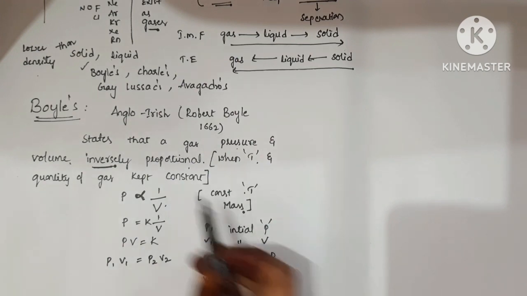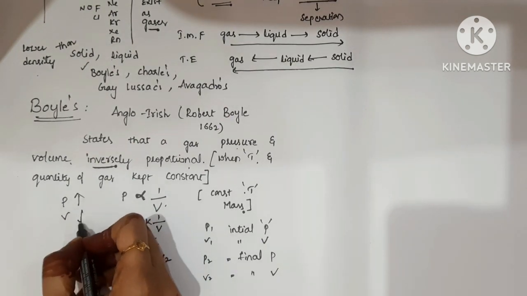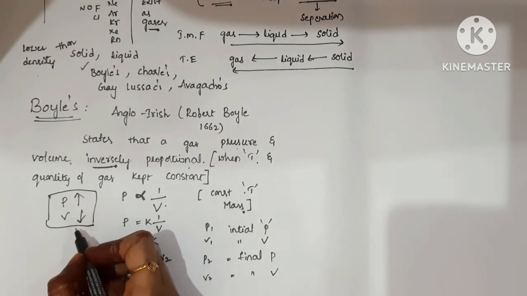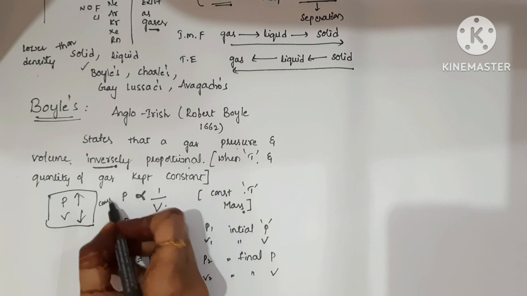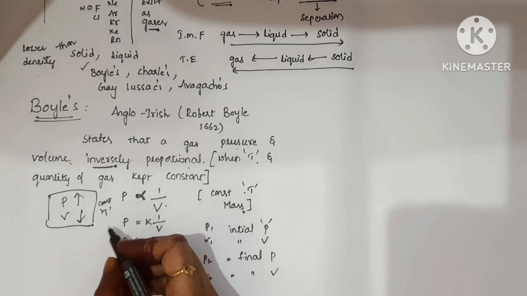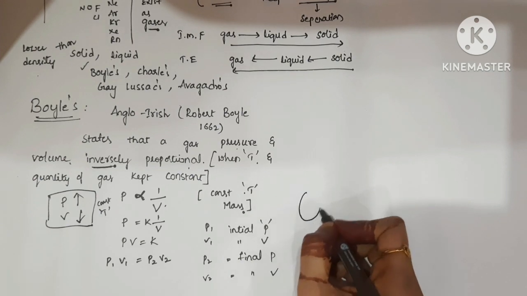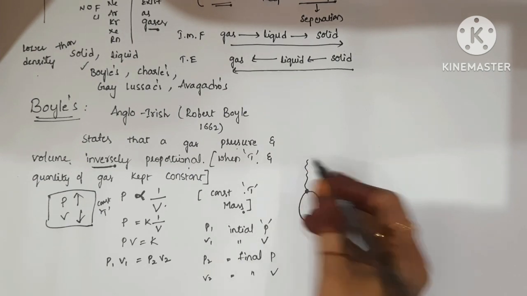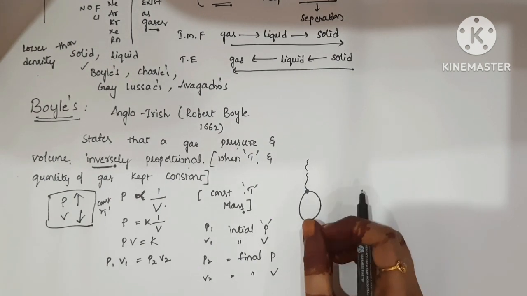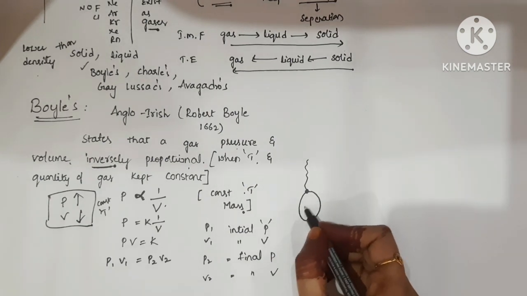You have to remember one thing: when the pressure increases, volume decreases at constant temperature. Consider a filled balloon. When we squeeze the balloon, the volume occupied by air inside the balloon decreases.